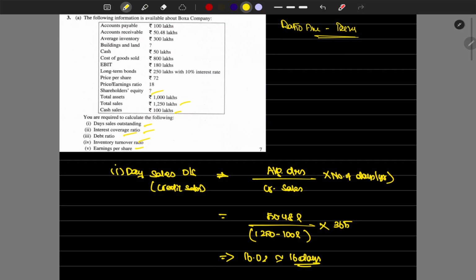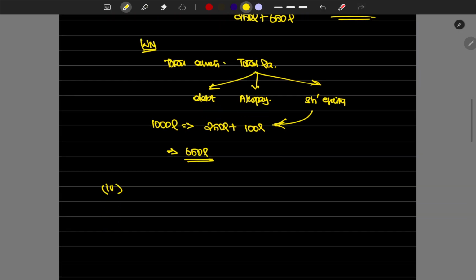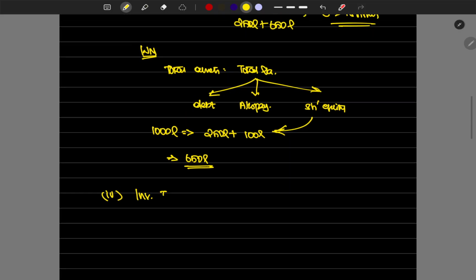The next is the inventory turnover ratio. The formula is COGS divided by average inventory. This is not a percentage, so we can remove that.